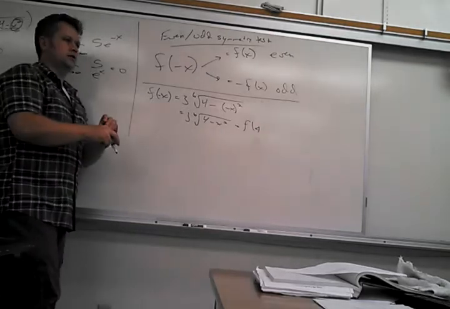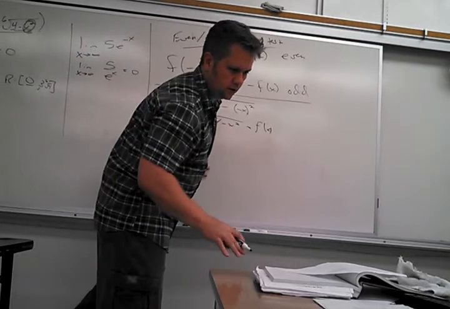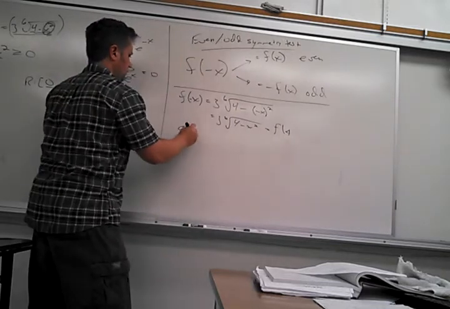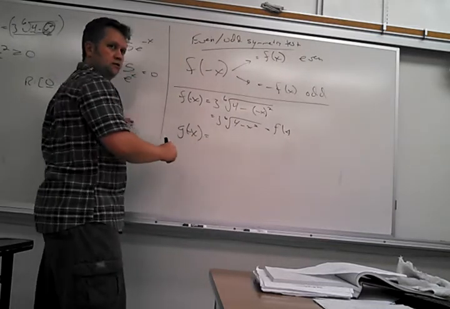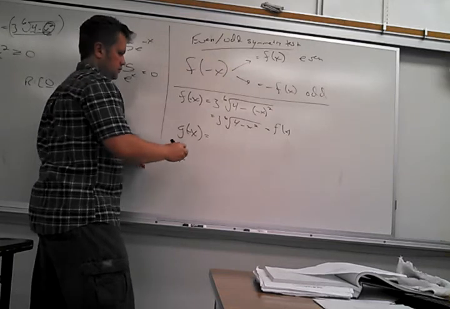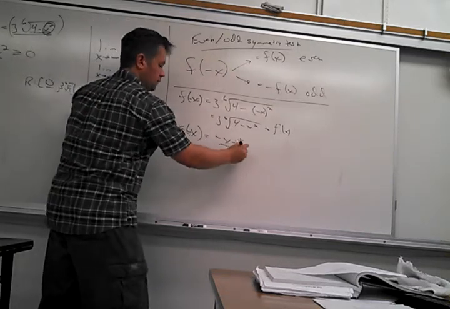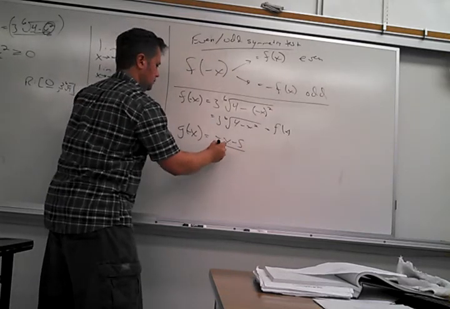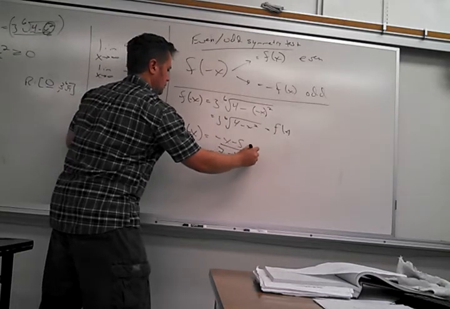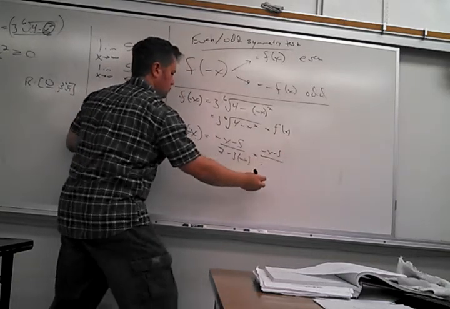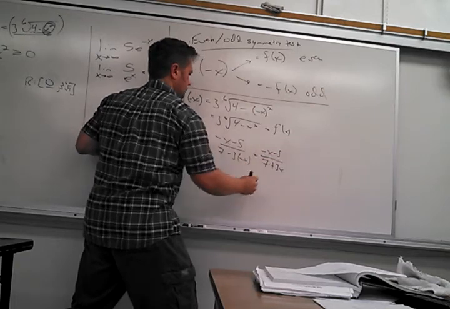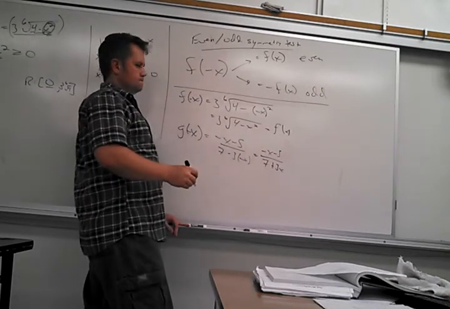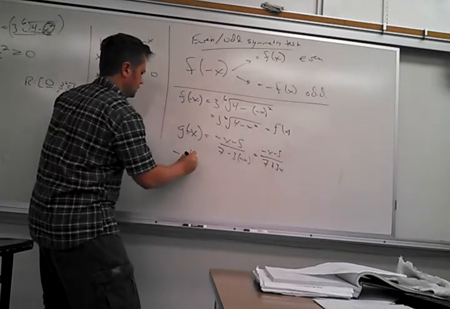Okay. So what about G? G is easy, right, hopefully? If you put a negative x in for G, careful. Maybe not easy. So I get negative x minus 5 over 7 plus 3x. Now what's negative g of x?